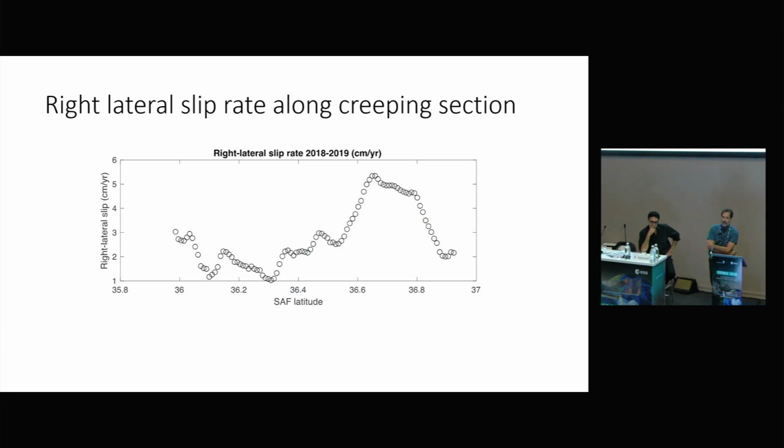If we assume that all the displacement that we measure is due to right lateral slip, which is a pretty good model for the large scale part of the San Andreas Fault, then we can get a fairly dense along track measurement of the slip rate in centimeters per year.